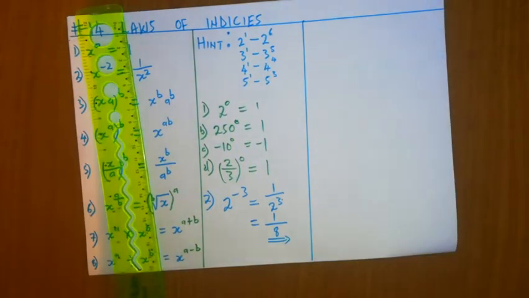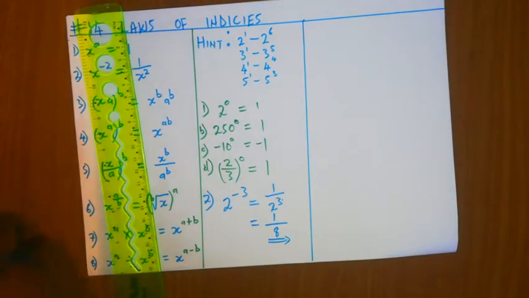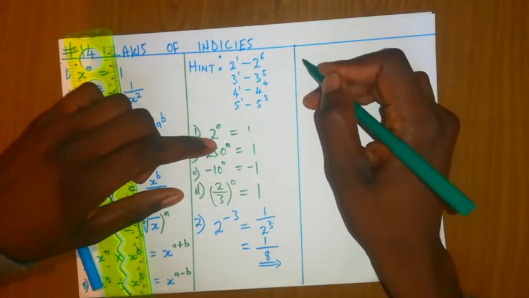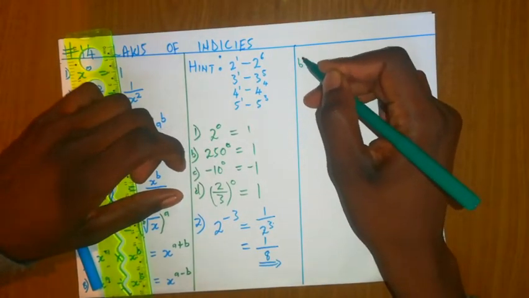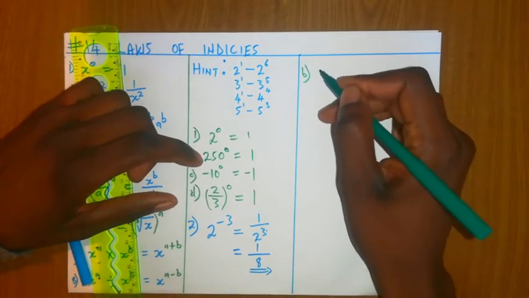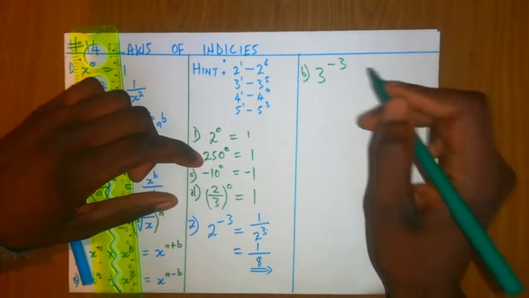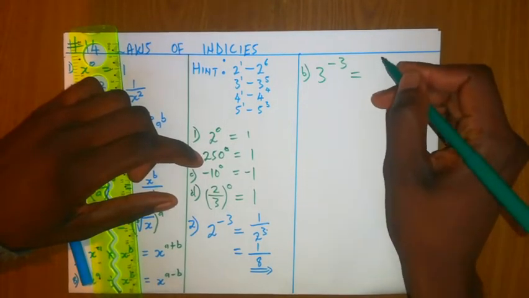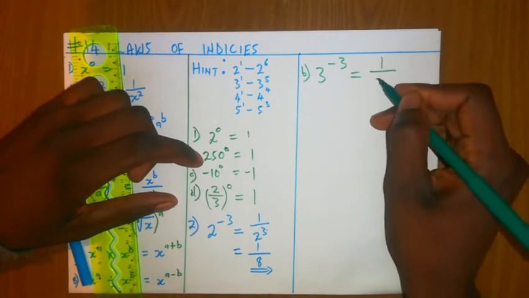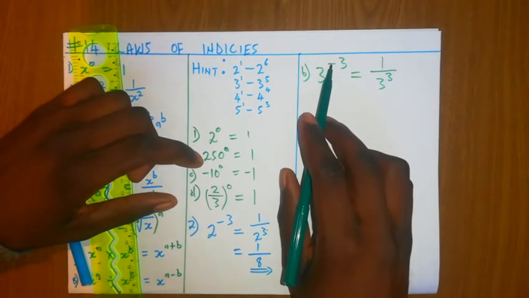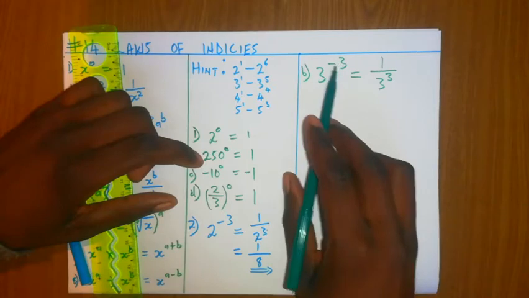So if I proceed to the other example here, number B, that's 3 to the power minus 3. I'm going to say it's equal to 1 over 3 to the power 3. This negative sign is going to be converted into what?